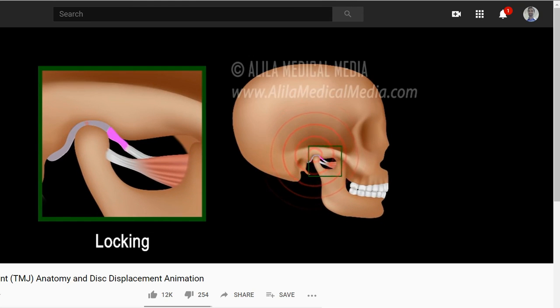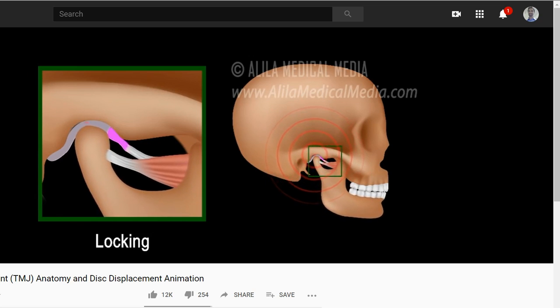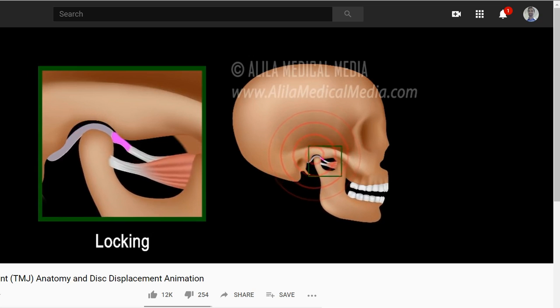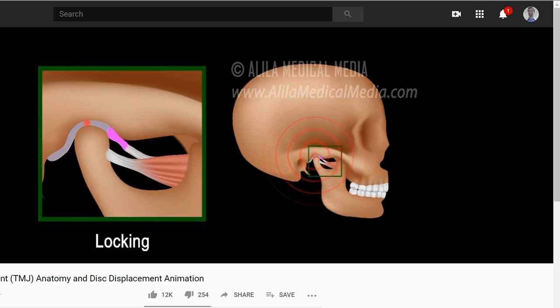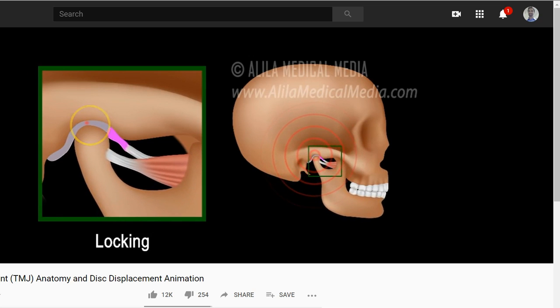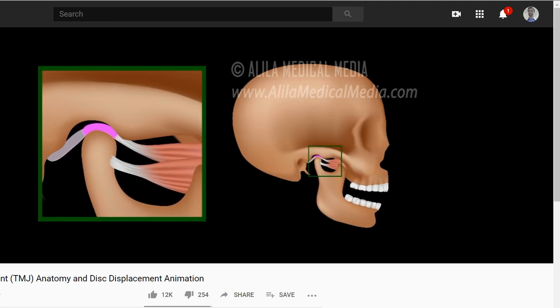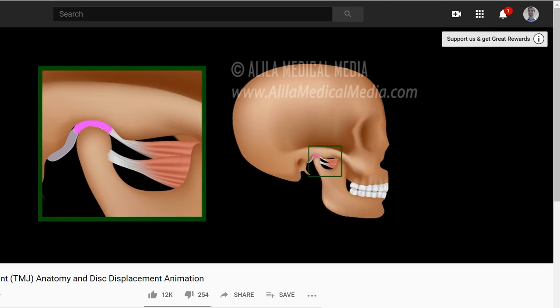At this stage, the condition is called disc displacement without reduction. Sometimes you'll hear this called lockjaw. Fortunately, in the majority of cases, the condition resolves by itself after some time. This is thanks to a process called natural adaptation of the retrodiscal tissue, which after a while becomes scar tissue and can functionally replace the disc. In fact, it becomes so similar to the disc that it is called a pseudodisc.